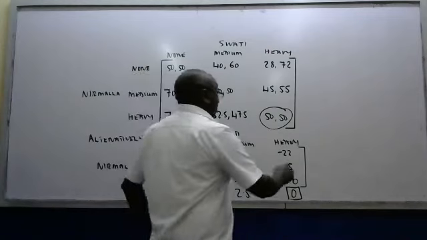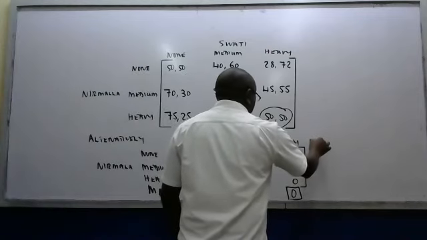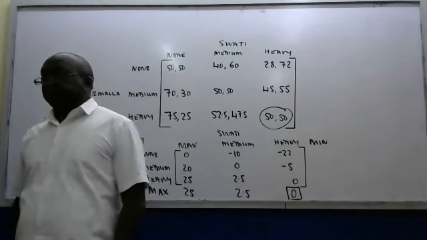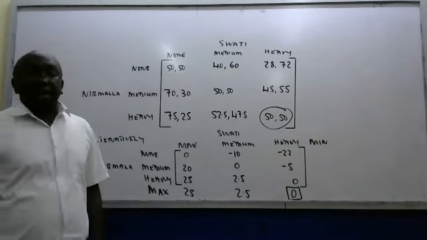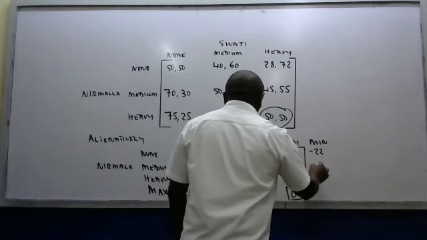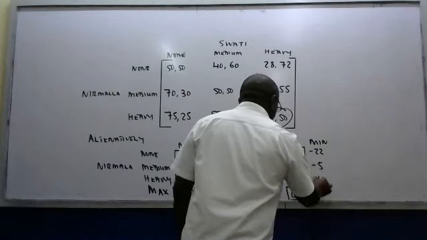Then, on this side, we extract the minimums. So the minimum is minus 22 here, this is minus 5, and this is 0.